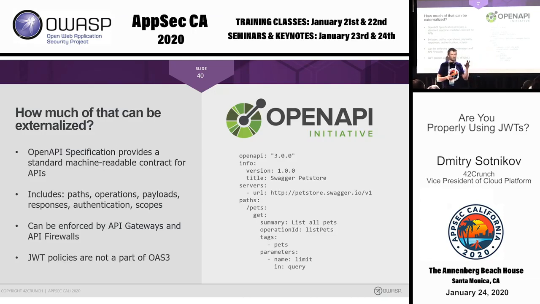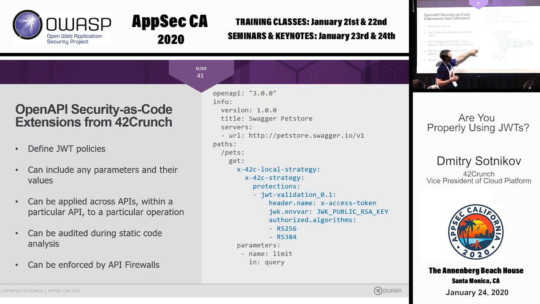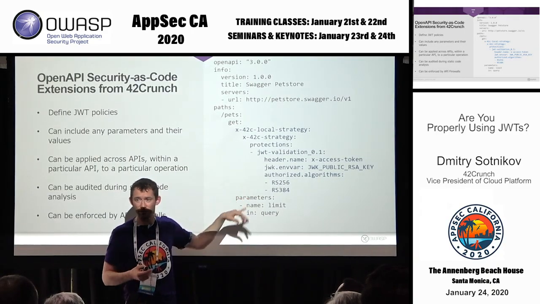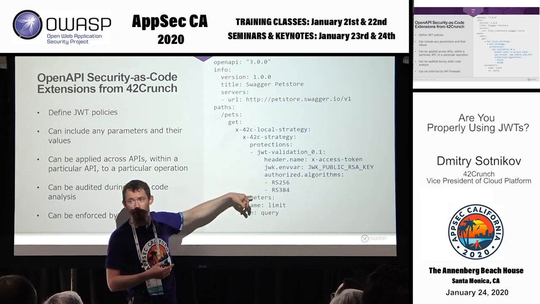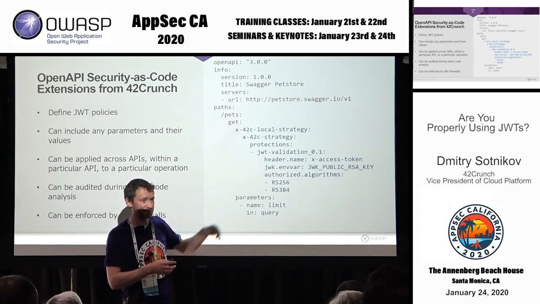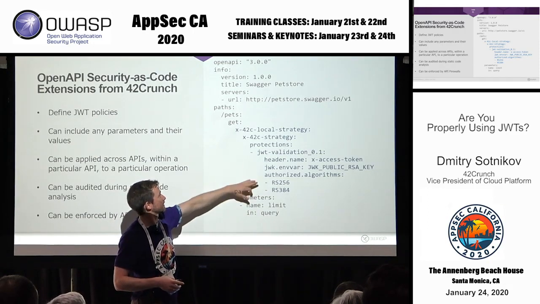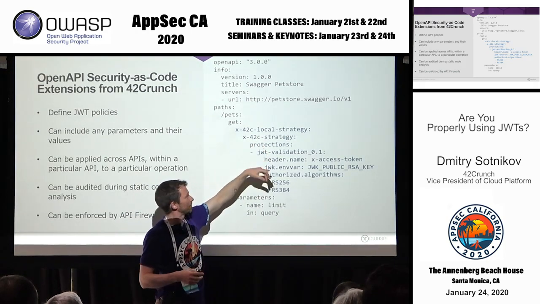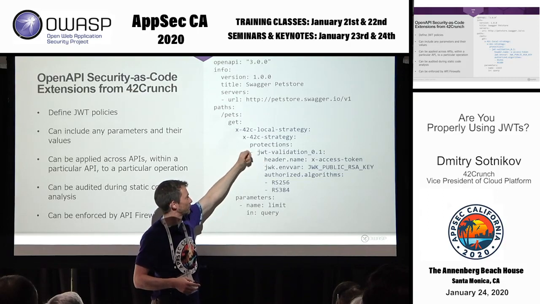That format is extensible, so we've added extensions. Within the API definitions, people can define not just the API, but also JWT requirements. They can say in that file, and it's just a YAML or JSON file, that this requires JWT.